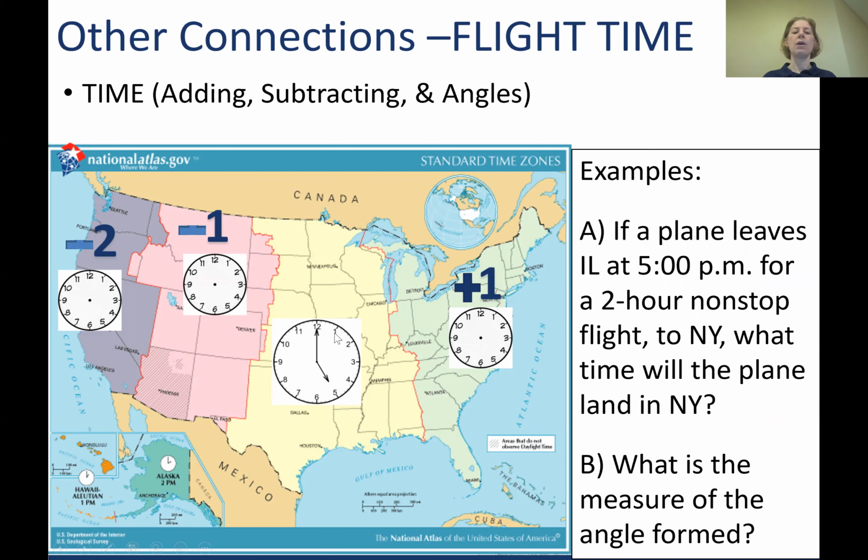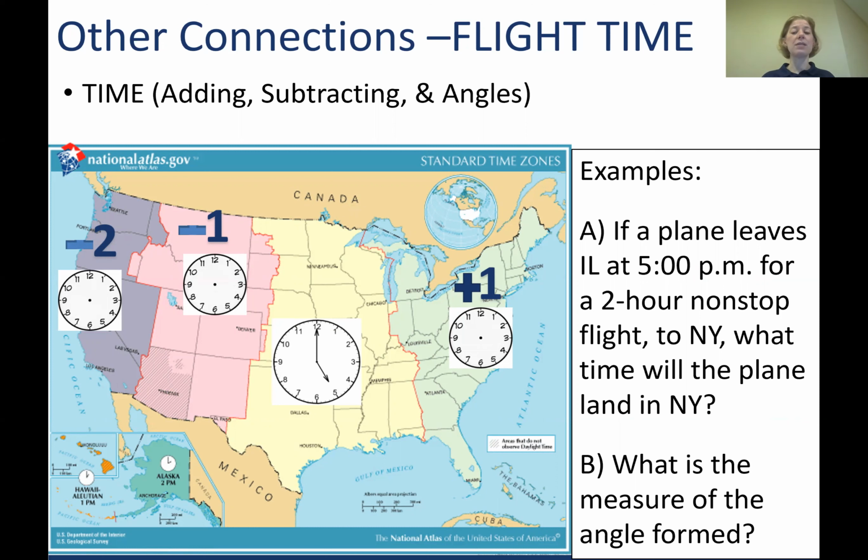You could have them determine the angle made by the hands of a clock at 5 o'clock, as well as the angle made by the hands of the clock at whatever time that plane is going to leave or going to arrive in New York. So it's a great way of adding and subtracting, or simply with working with integers or with angles, depending on the concepts that you're wanting to focus on.